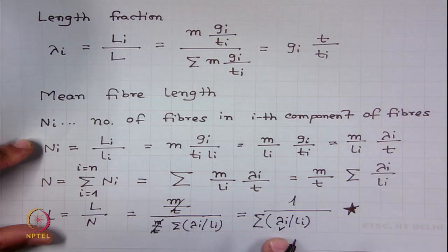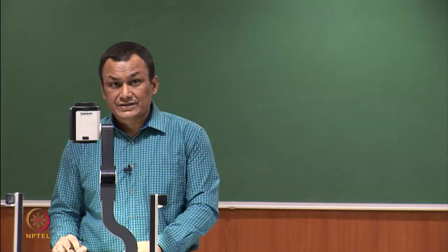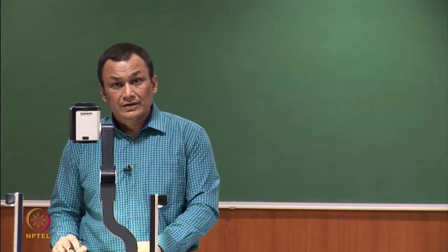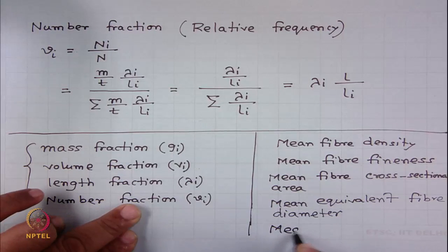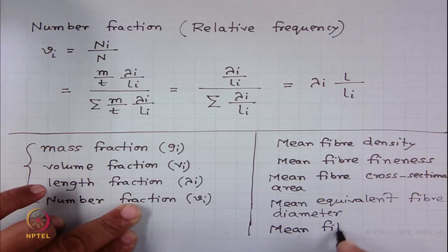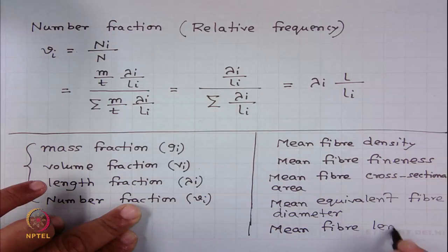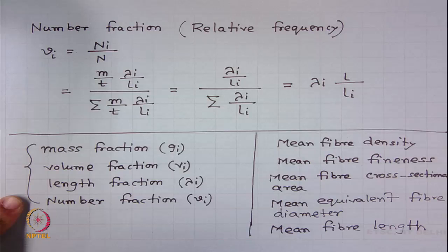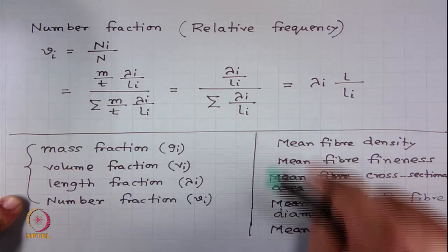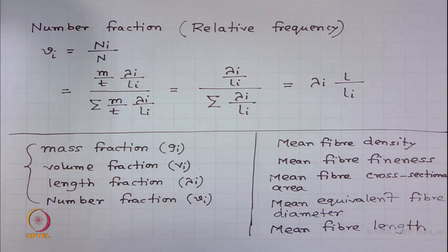So, you see all the fractions are somehow important to derive the characteristics for fiber blend. We obtained 4 fractions and we obtained 5 characteristics of blend.